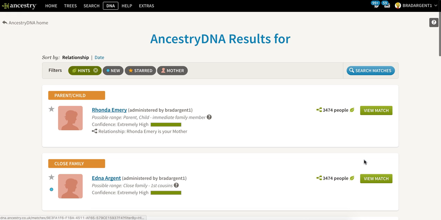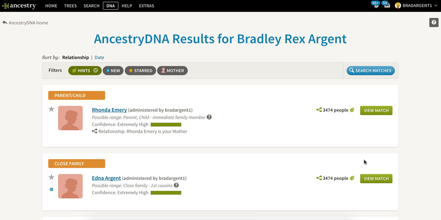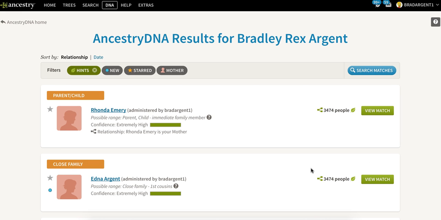Shared ancestor hints. Now these are the gold in the DNA, if you like. This looks at the DNA and it looks at the tree and it compares the two and says, this is how you two are connected. So not surprisingly, and somewhat of a relief, my mother is the DNA match, and of course she's in my tree.